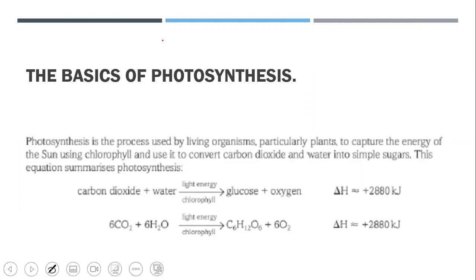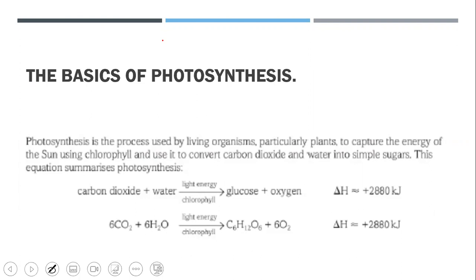As the electrons move in the chain, different parts of the chain, which we will study, will be reduced when they receive the electrons.